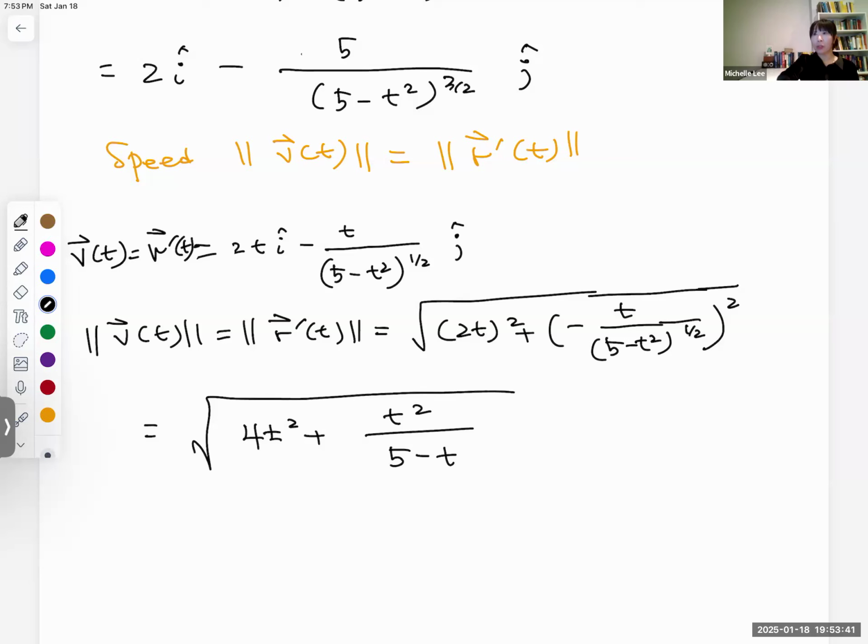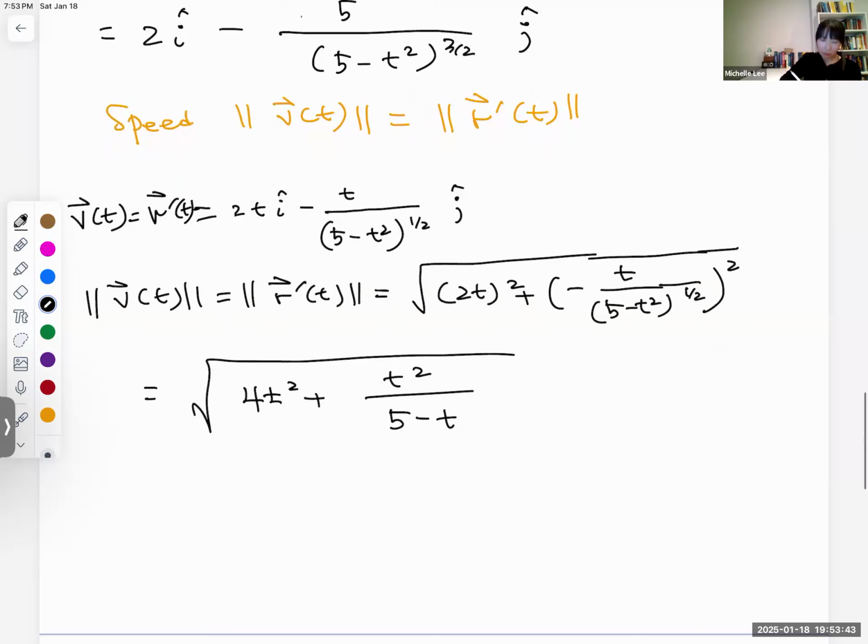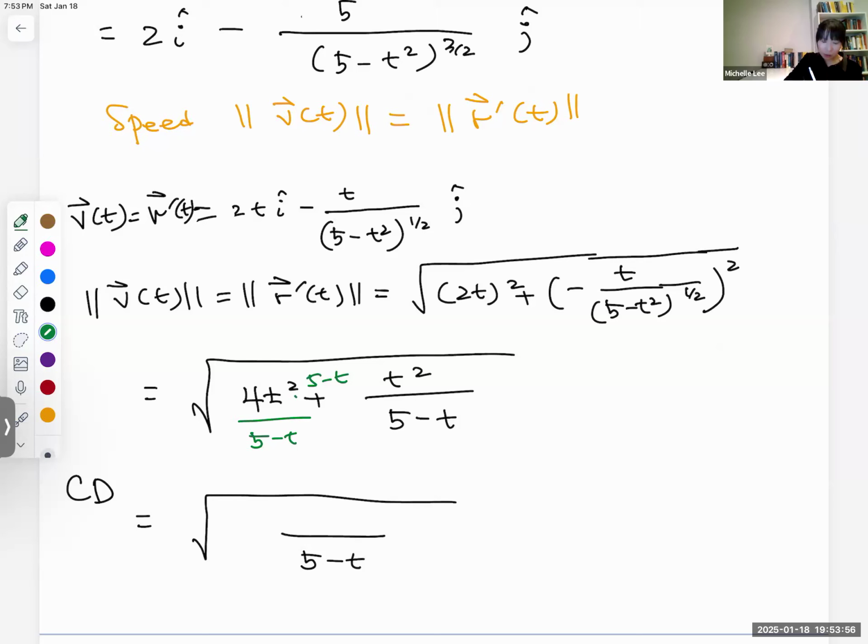Let's make a common denominator. So 5 minus t, 5 minus t. So we get 20t squared minus 4t to the second power and plus the t squared, right?